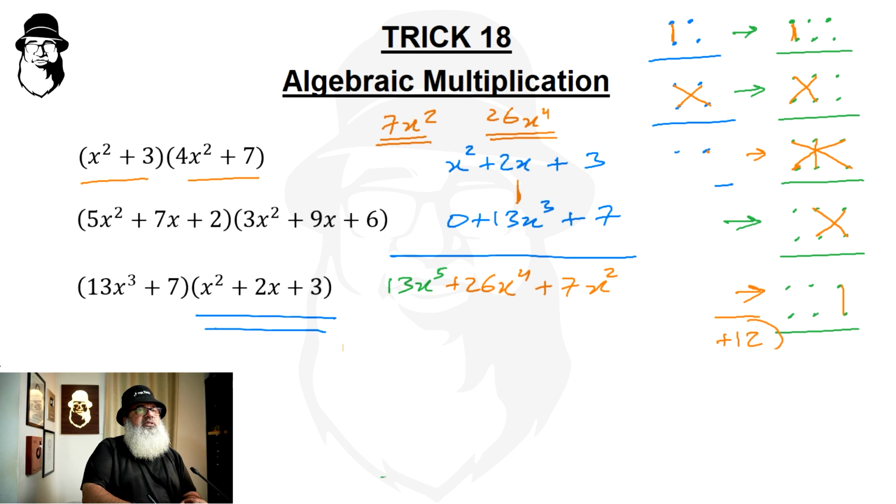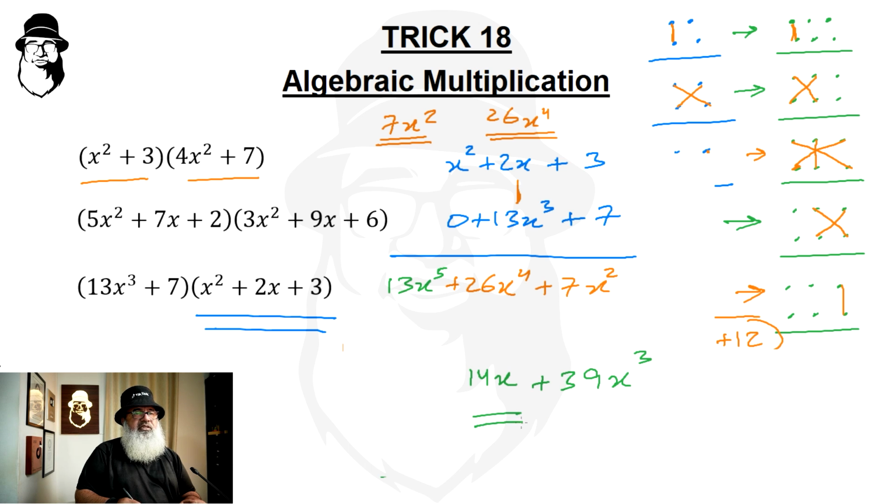Now the next step is we do this column, this multiplication and this multiplication, and add. 7 times 2x is 14x, and this one is 3 times 13x cubed, which is 39x to the power 3.